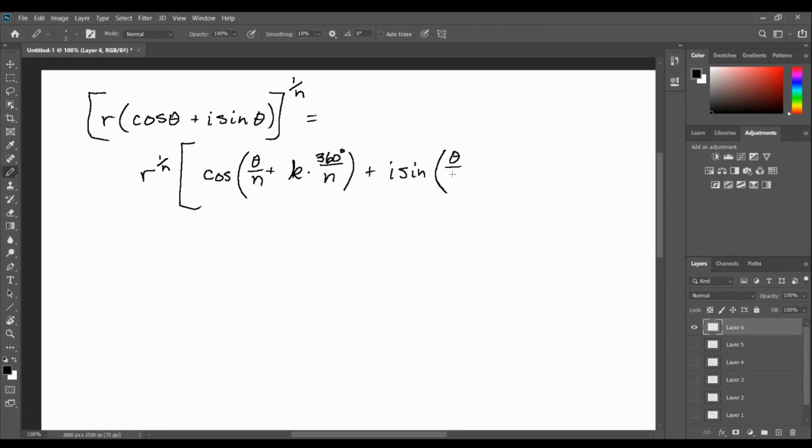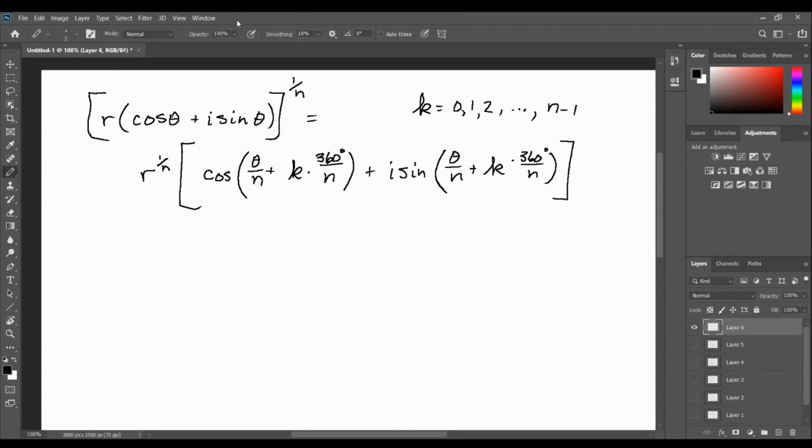And I'll hopefully have time to get one of these in. k is 0, 1, 2, all the way up to n minus 1.